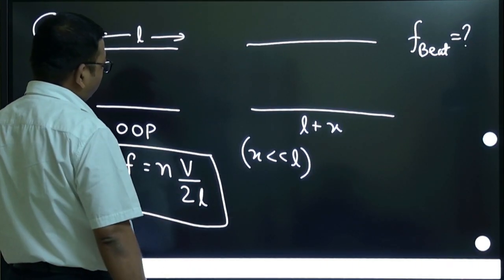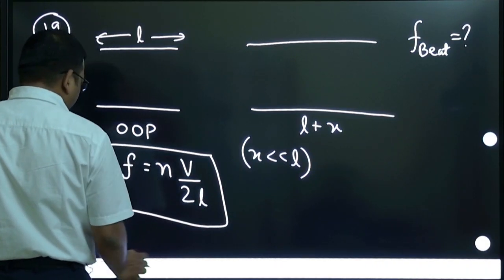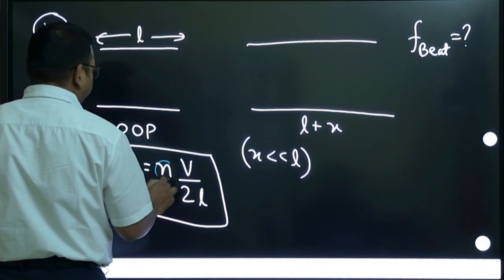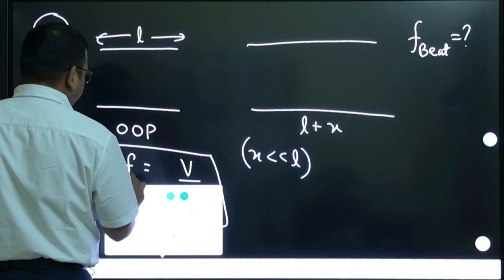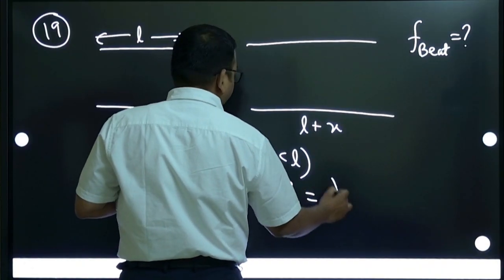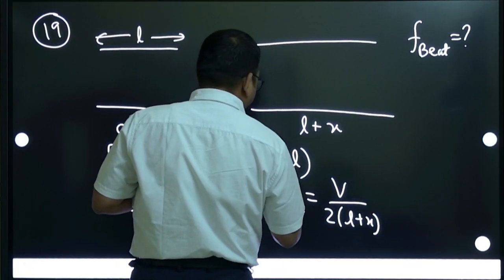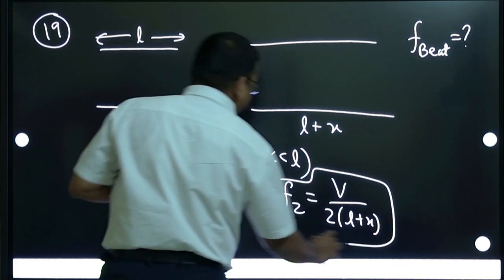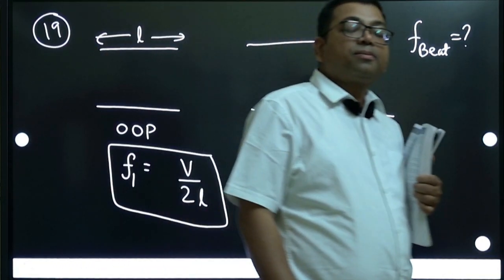They are fundamental, and fundamental means n is 1. So use n equal to 1 here. Let us say that this is f1, and for this you write f2 equals V by 2 into L plus X. Now tell me what will be the difference, and which is larger?